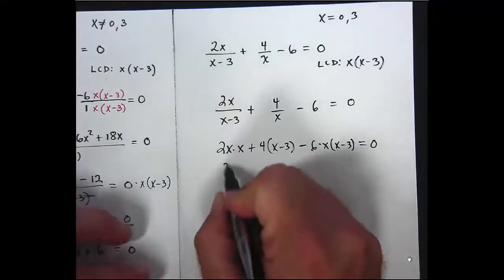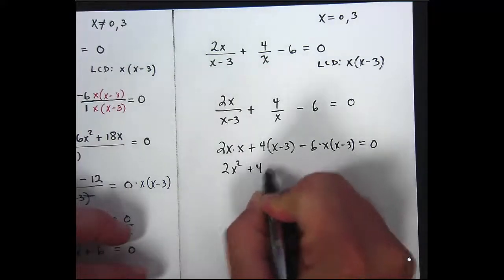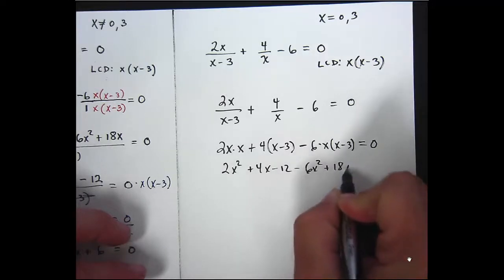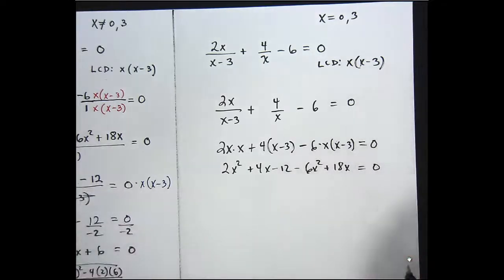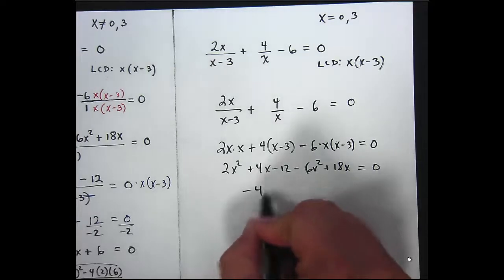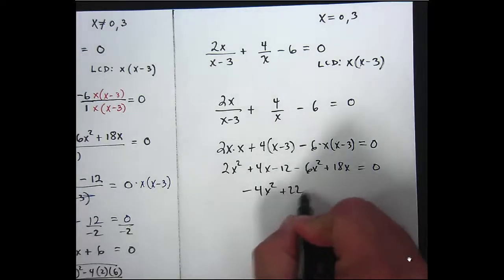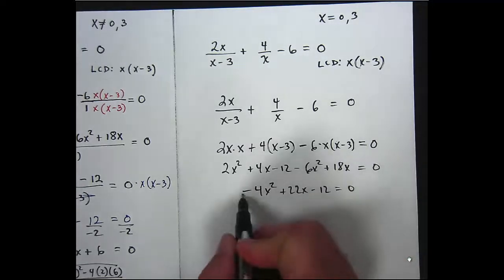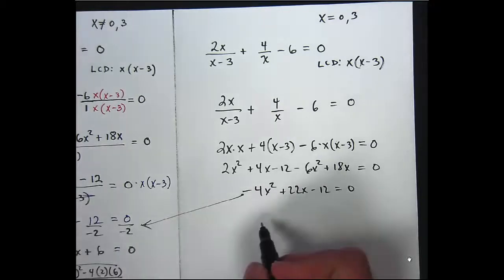Alright, anyway, so you get 2x squared plus 4x minus 12 minus 6x squared plus 18x equals 0, which you'd combine your like terms. You get your 22x minus 12 equals 0. And then that should look familiar because we had that right over here.